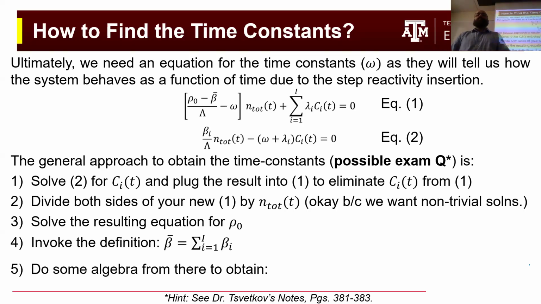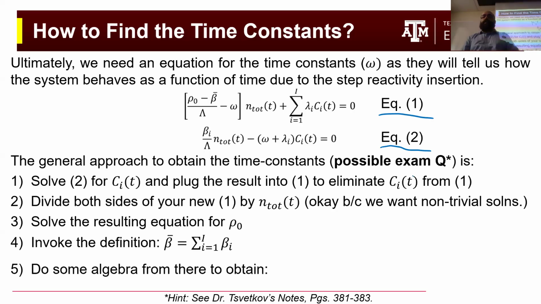So generally, this is how you would find those time constants. From where we're at right now, where we have this linear system of equations, if this is equation one and this is equation two, you're going to take equation two and get Ci by itself. You're going to get Ci as a function of all these other things, including the total density.